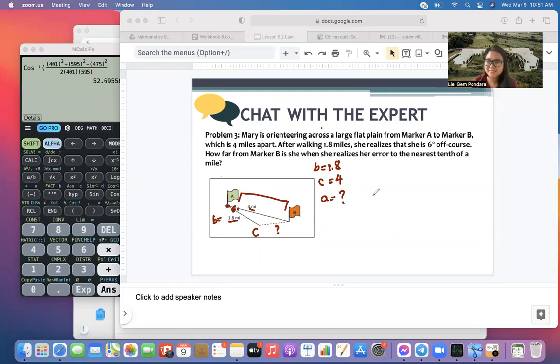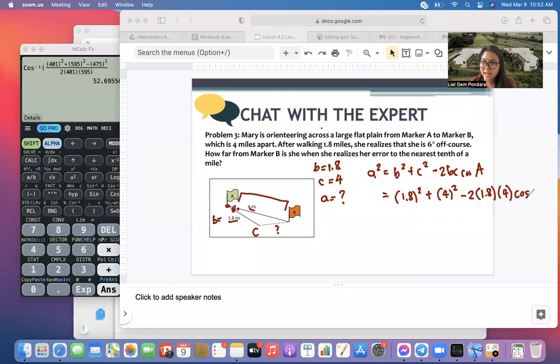We're looking for side A. So we have A squared equals B squared plus C squared minus 2BC cosine A. So we have 1.8 squared plus C squared minus 2 times B times C times cosine A, 6. We still have a square here. So to cancel the square, take the square root of the left and square root of the right.